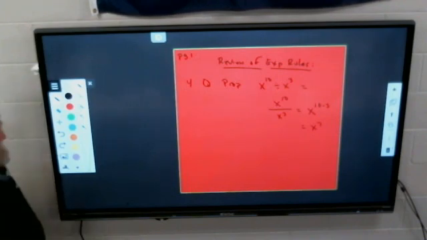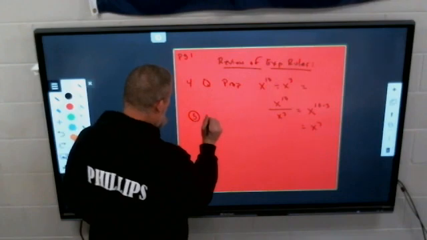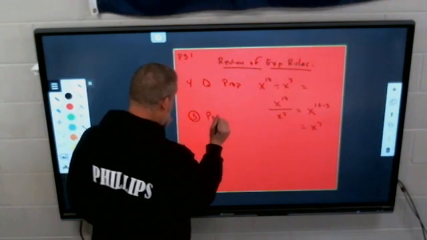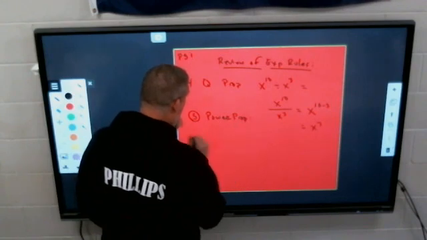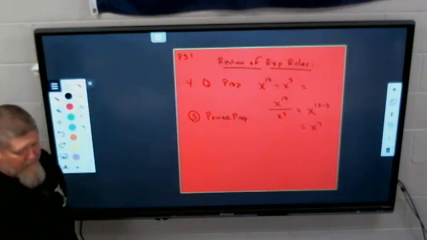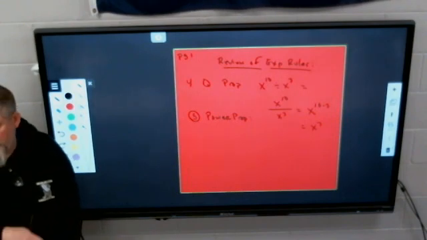Two more, number 5. We have the power rule or the power property. That means if I have an exponent to an exponent, I'm taking a power to a power.